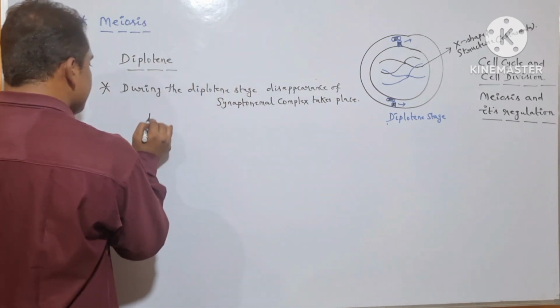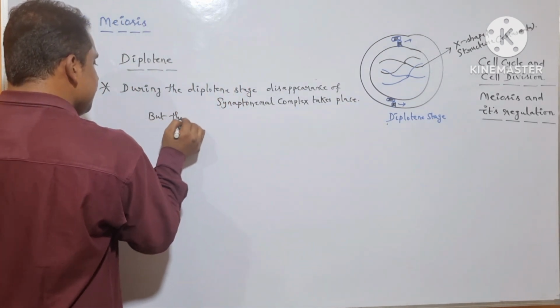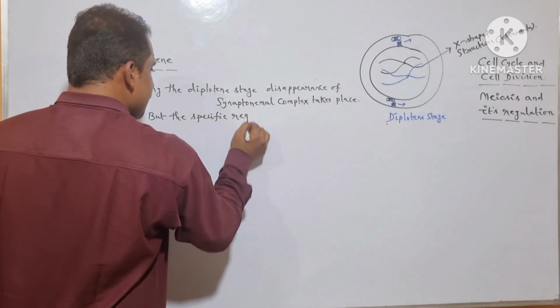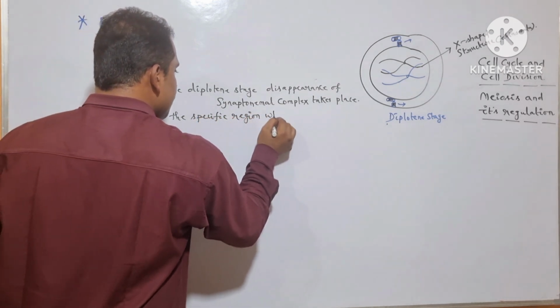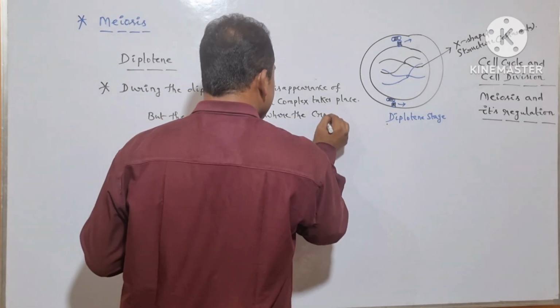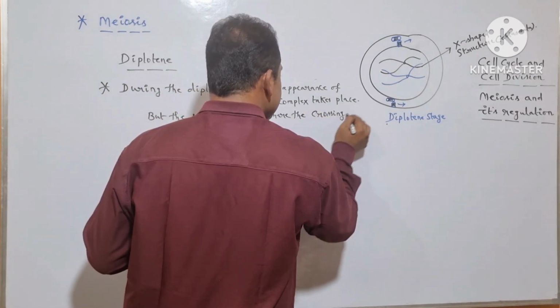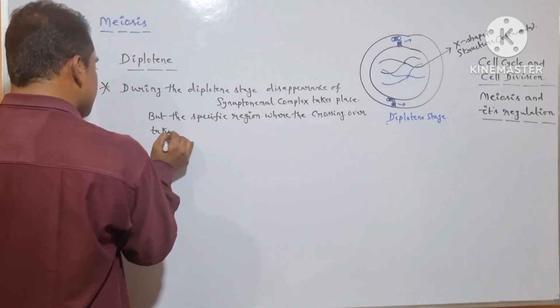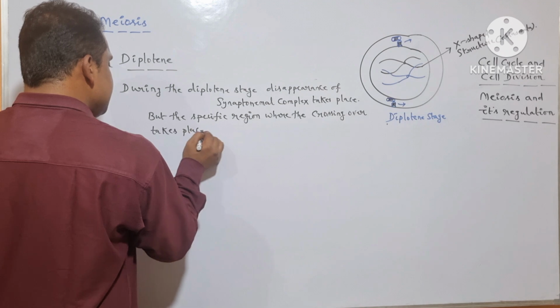But the specific region where the crossing over takes place is termed chiasmata.